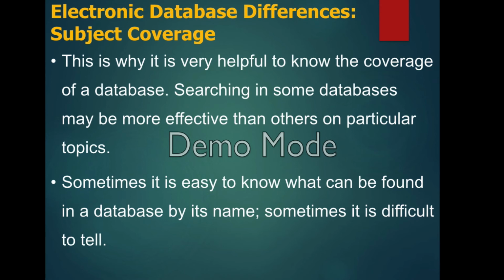Even though other databases might give you some information, this particular database is geared towards your subject coverage area, which is electrical and electronic. So if you are able to identify the subject coverage of a particular database, I don't think you'll be wandering around unnecessarily to look for data that may not be of interest to your research.